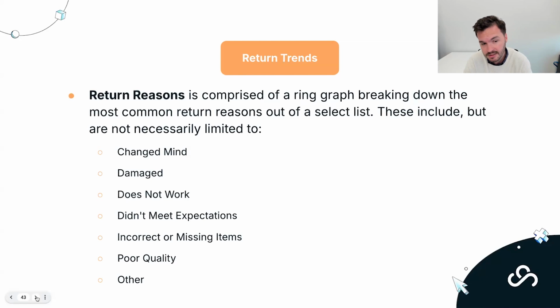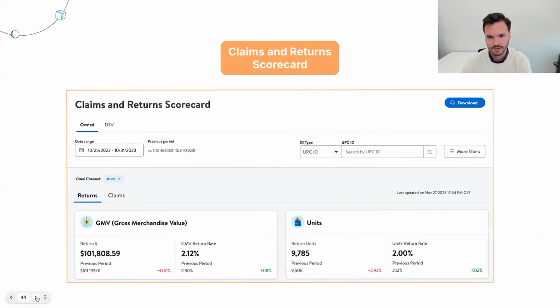But you have changed mind, damaged, doesn't work, didn't meet expectations, incorrect or missing items, poor quality, or other. So pretty standard return reason codes there as well. And that's what your claims and returns scorecard dashboard is going to look like, with those numbers compared to the previous period.